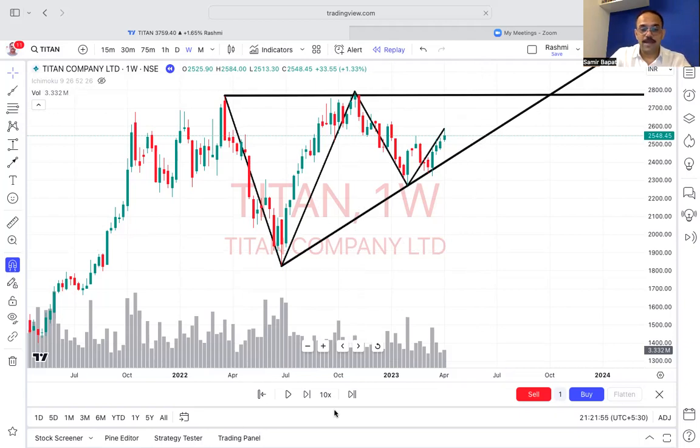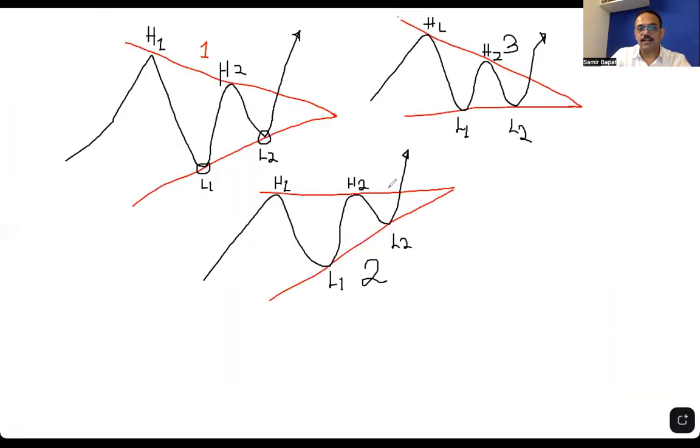Okay, so going back to the whiteboard, can we say this is the triangle which it formed? It was having a higher low and a same level higher high. Correct? Right, it is forming, with all the finer points that it is having.